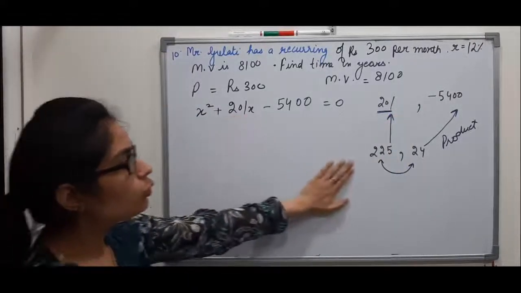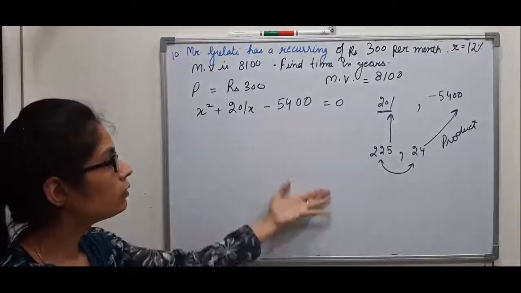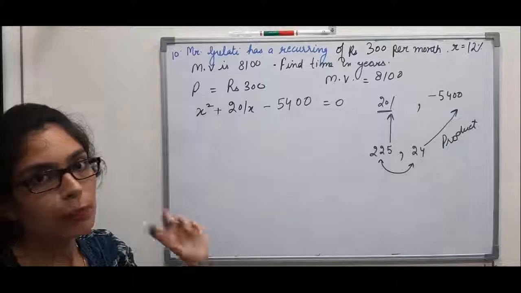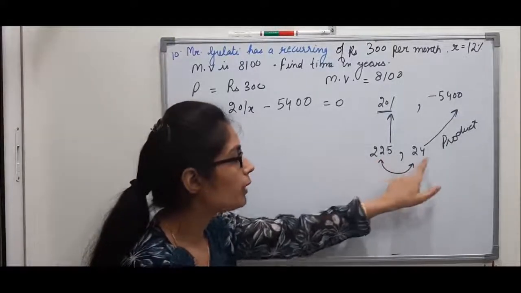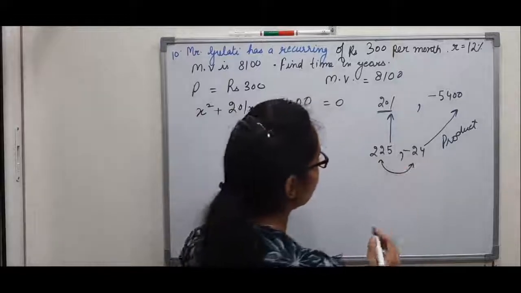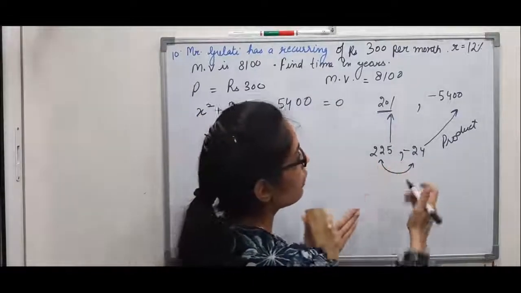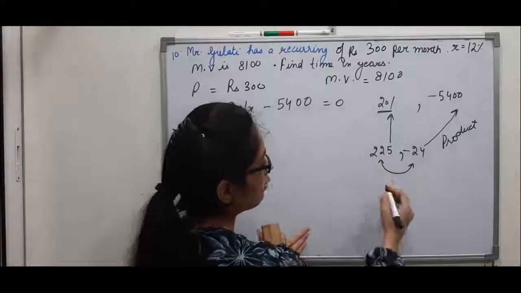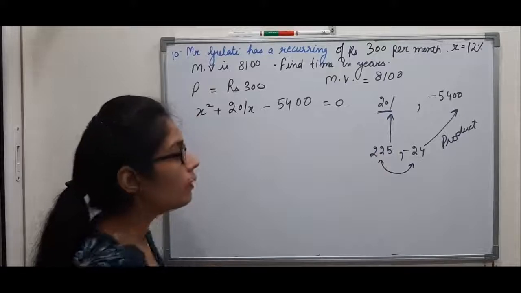So I will choose these two numbers. You guys can try by making the factors of this term, and then you can start making pairs. I have already done it, and I have chosen two numbers, 225 and minus 24, because if I am multiplying 225 into minus 24, I am getting this, and if I am subtracting these two, I will get 201.